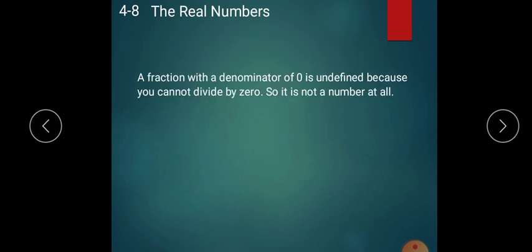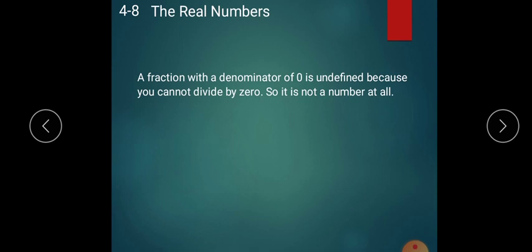One very important thing, a fraction with a denominator of 0 is undefined. Remember, we cannot divide any number by 0. As I told you in the earlier slide, to be a rational number, the denominator q should not be equal to 0.